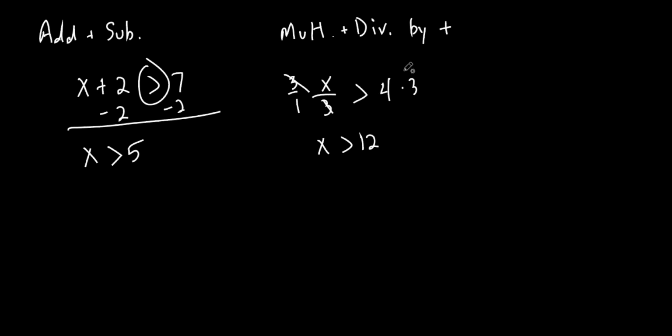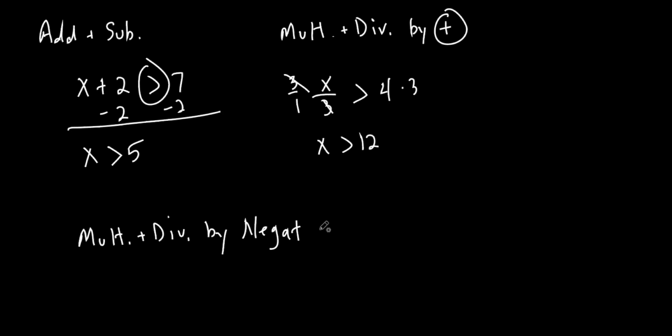Okay? Now, what if we do this? Here's the one where you're going to have to change something. This was multiplying and dividing by a what? By a positive. So what do you think happens if you multiply or divide by a negative? That's when you change the sign. So what if you had this?